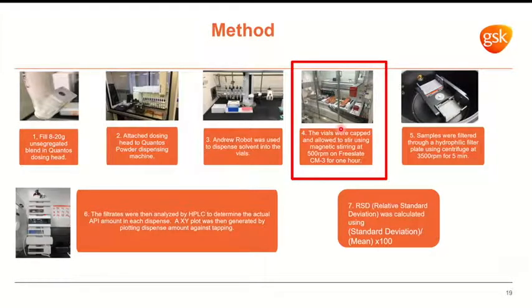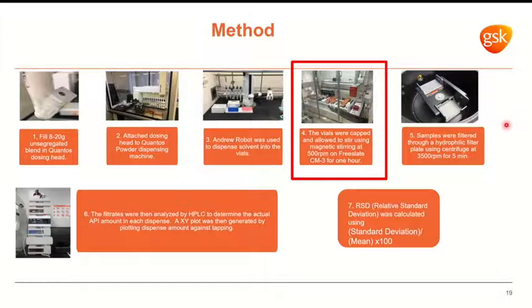The purpose of this is to make sure that the API in the blend dissolves properly in the solvent. Since the blend together with the API also contains other excipients, we have to make sure that the dissolved API in the solvent and the undissolved excipients are separated.